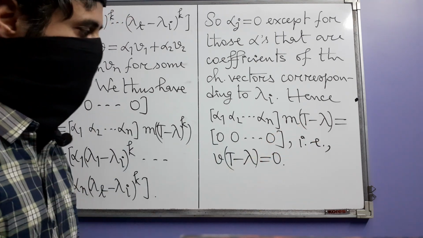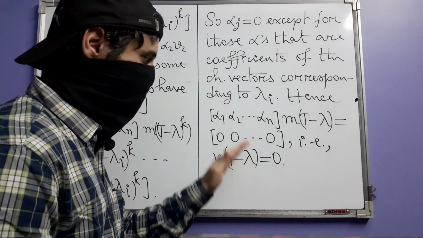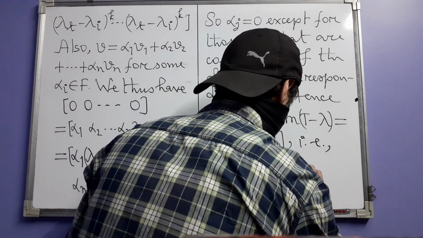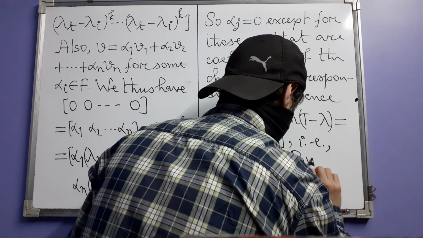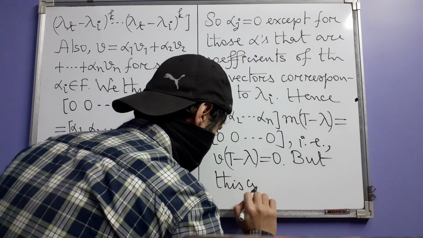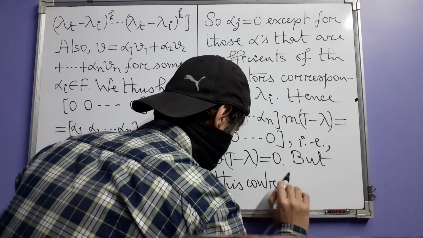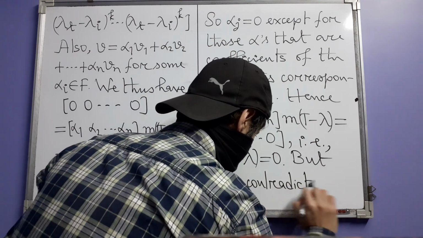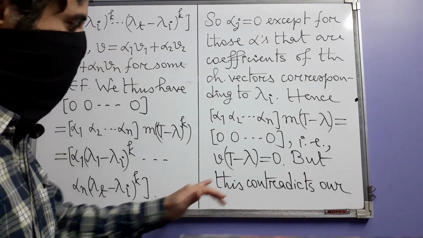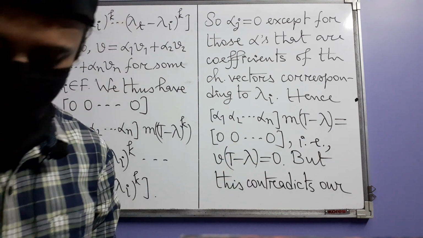Okay, so you get this, but this is precisely what we supposed is not true. But this contradicts our supposition, because we supposed that this is not 0.